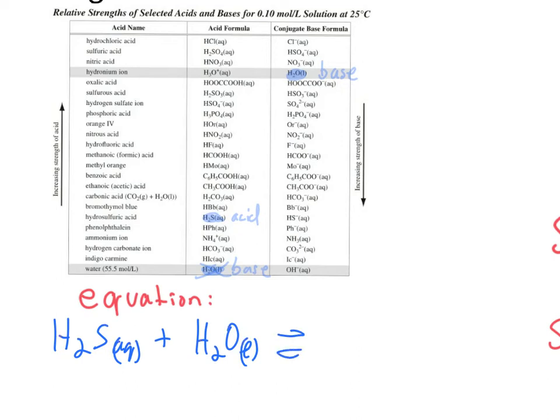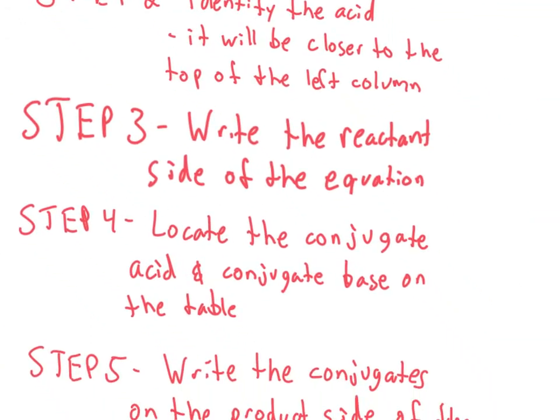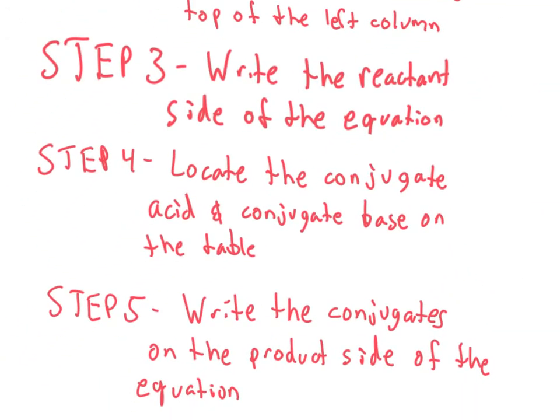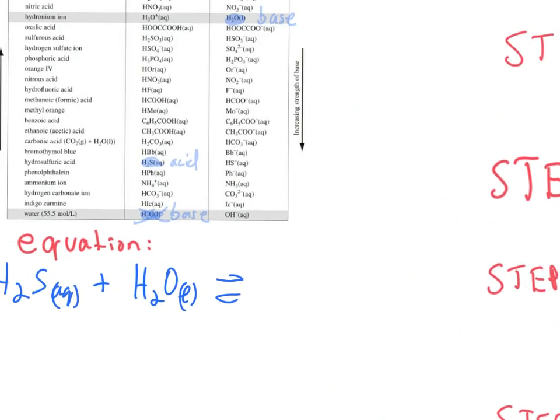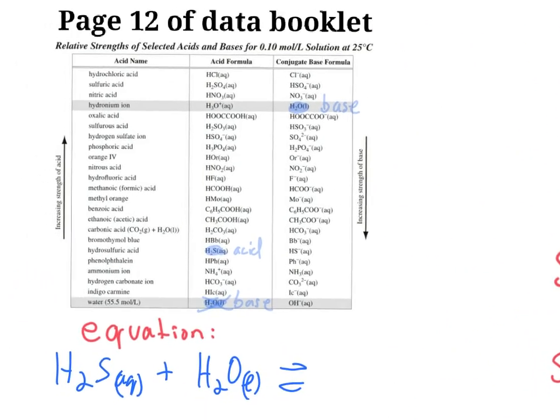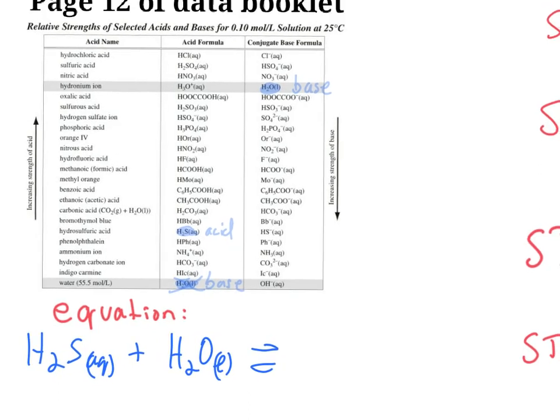Step 4 of this process is to locate the conjugate acid and conjugate base on the table. So we'll go back to the table, and the conjugate acid and the conjugate base are just going to be the other side of each of those.